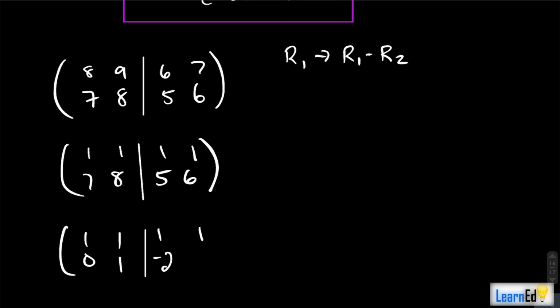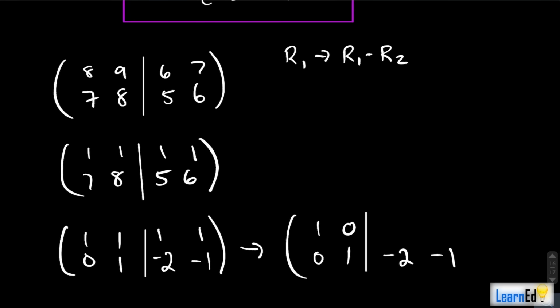This would be -2, and this will be a -1. Okay, and then this thing would become a 1, 0. To zero that thing out, that's not a 6, that's a 0. Jeez. Learn to write, God. So this is -2, -1.